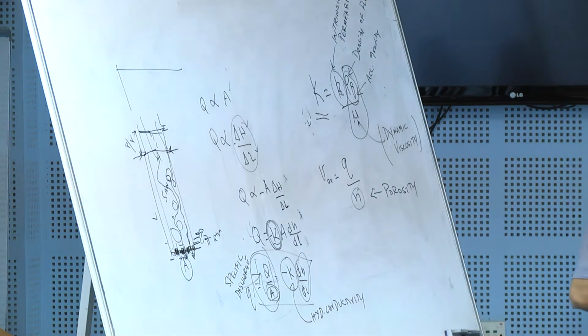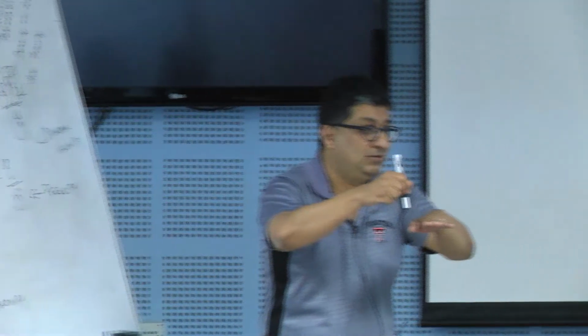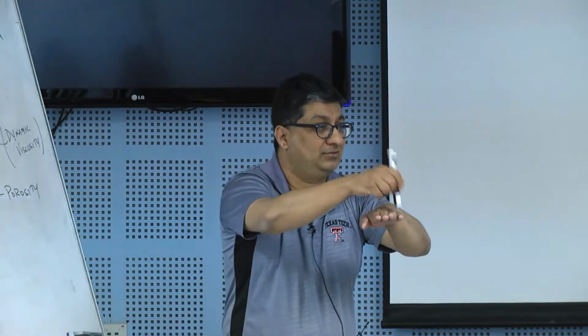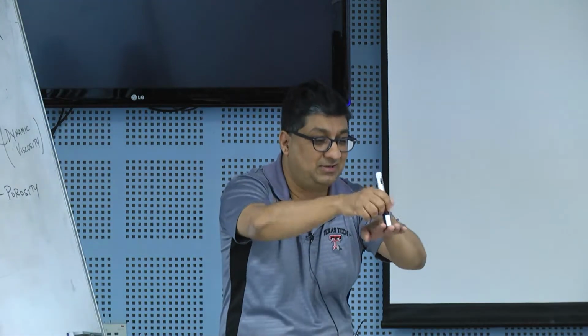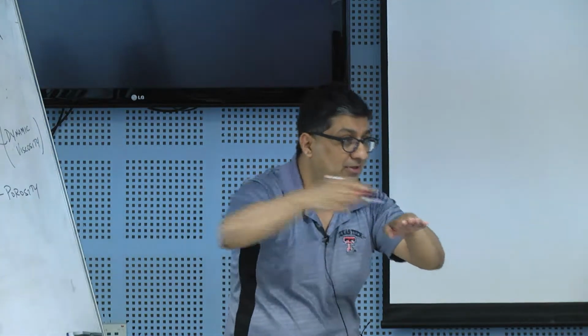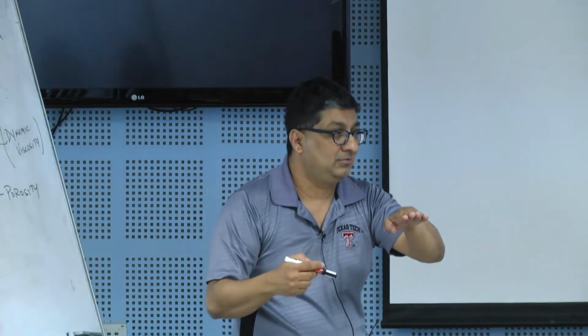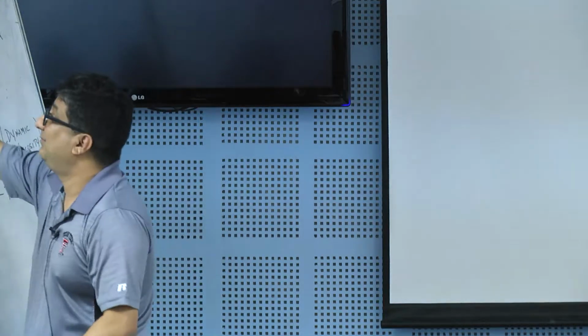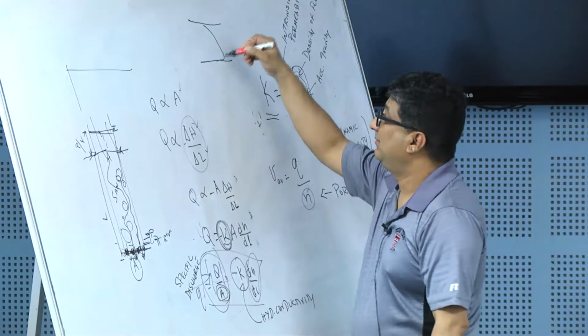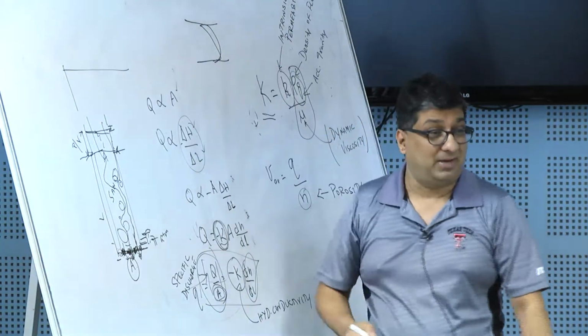So the water is moving at different velocities, one at one velocity, another at another velocity, but we are just taking an average.